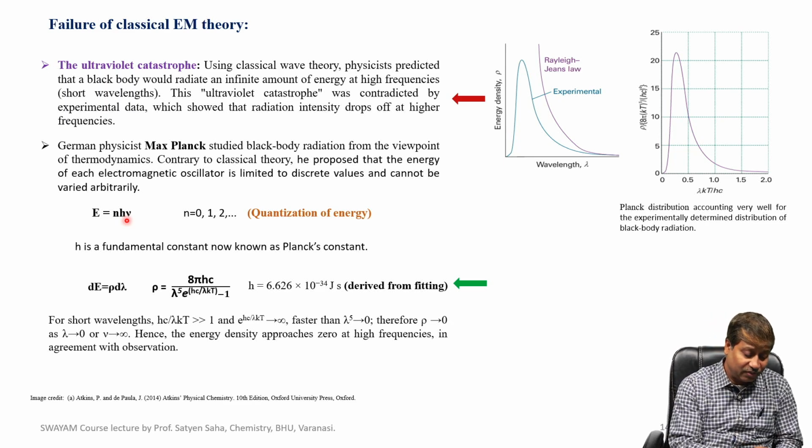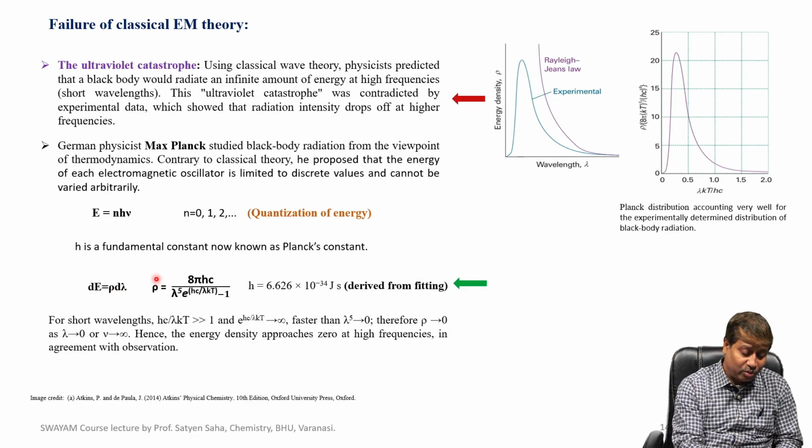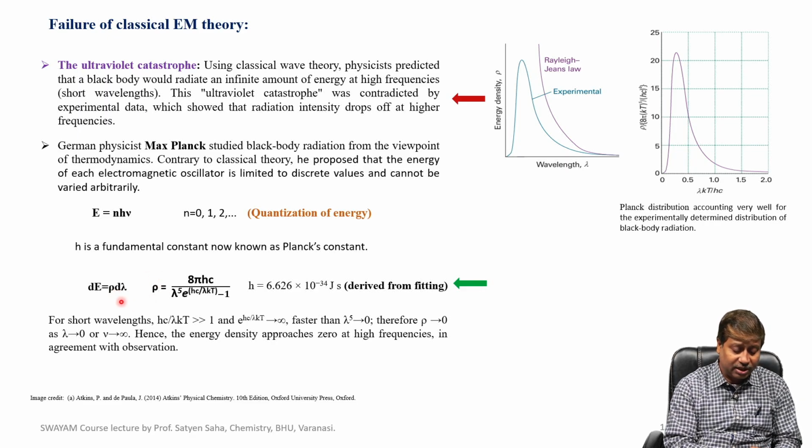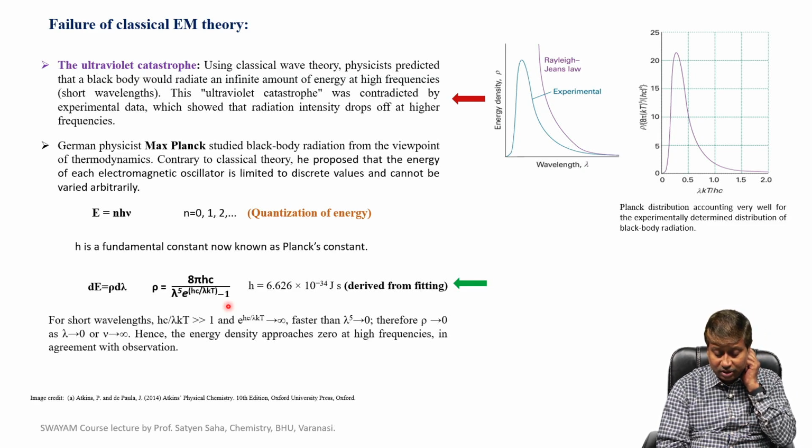So, he gave a revised equation, dE is equal to rho d lambda, where this rho, the density of states, is 8 pi h c over lambda to the power 5 instead of 4, and there is an exponential term, e to the power h c by lambda k T, minus 1. And from there this h value came, the Planck constant.